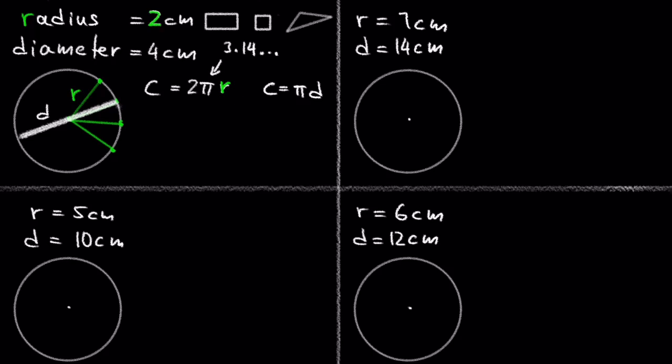In the first example, we plug in the 2 into the formula, which gives us the circumference of a circle. So C is approximately 2 times pi. Let's use the number 3 for pi in these examples.